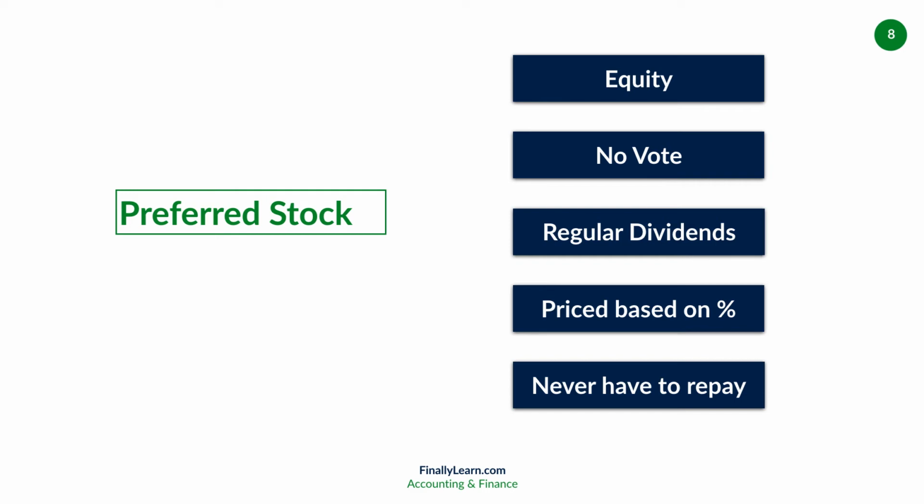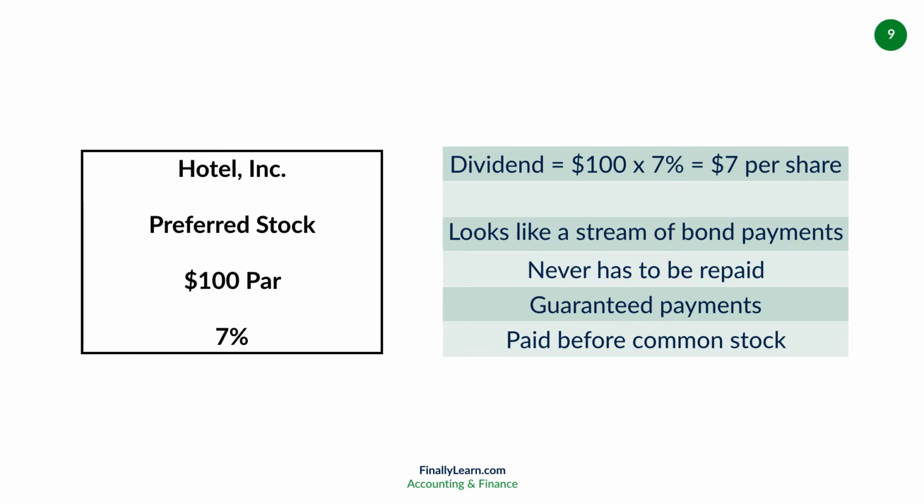Let's do an example, and this will make sense. Let's say Hotel Inc. has preferred stock of $100 par, and it's 7% preferred stock. So we take the par of 100 times 7%. This is kind of guaranteeing a $7 per share dividend. If you owned 100 shares, you're going to receive $7 times 100 shares, $700 for the year, every year.